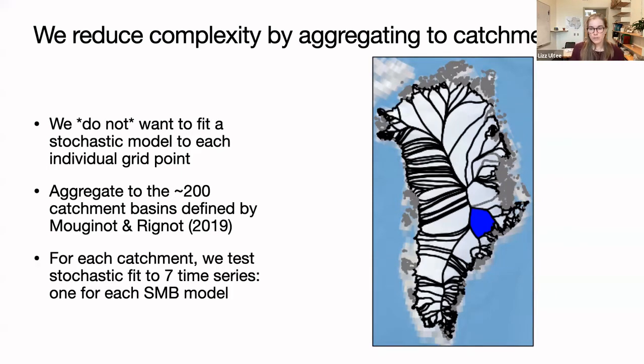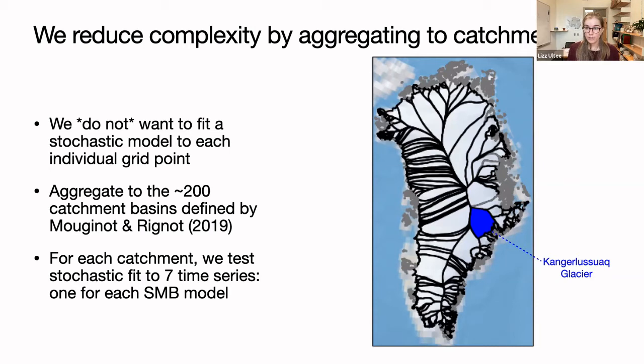And for each of these catchments, we're going to test a stochastic fit to 7 time series, which is 1 for each surface mass balance model. So here I'll be showing the catchment sums or the catchment means. So we have a single time series for each model for each basin. I'll show here some highlighted results for this catchment highlighted in blue, which corresponds to Kangerlussuaq Glacier.